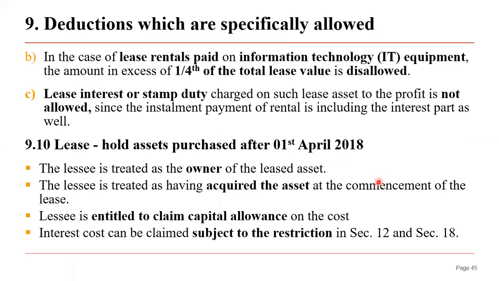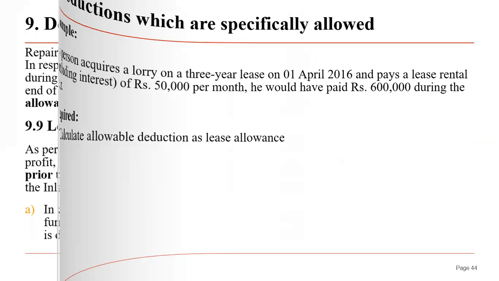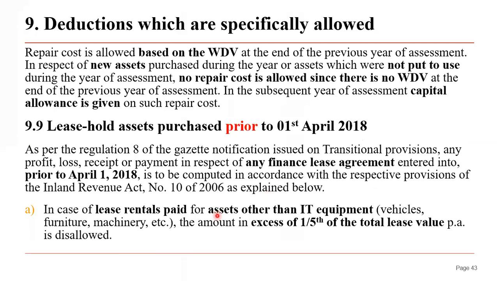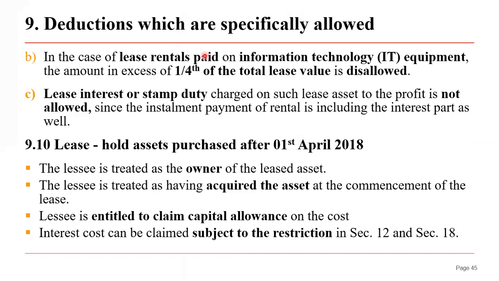Here, all other cases, that means all the assets we previously discussed, other than IT equipment. Whatever lease rental is paid on information technology equipment, excess of 1/4 of the lease value is disallowed. Then it is easy.